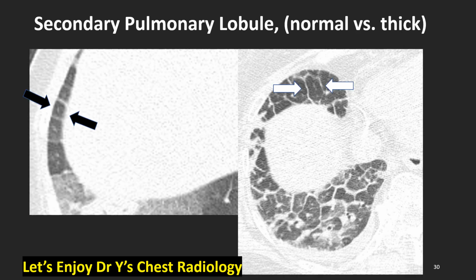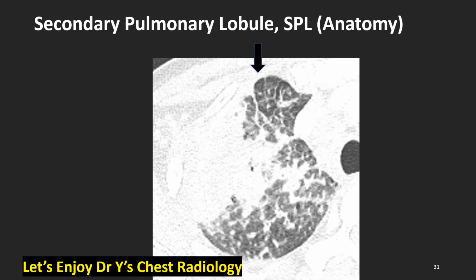Right side film shows thickened secondary pulmonary lobular septum in interstitial pulmonary edema patient. Arrow indicates secondary pulmonary lobule in a lymphatic carcinomatosis patient.